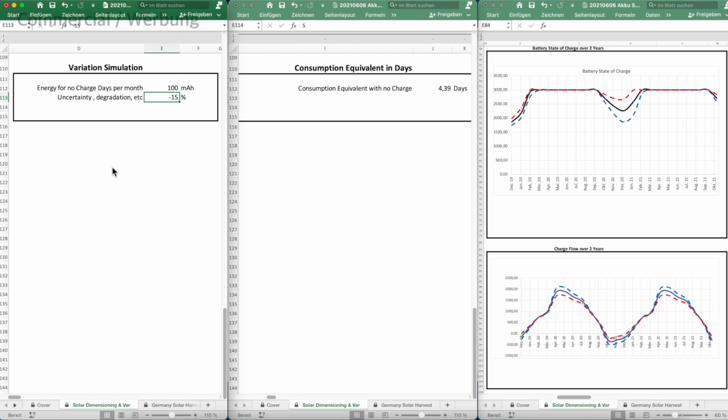A loss of about 100 milliampere hours would be a consumption equivalent of more than 4 days. Nice result, isn't it? Let's put it that way: using a low power board, we can achieve sufficient energy from a solar generator that hardly sees the sun. Very cool.